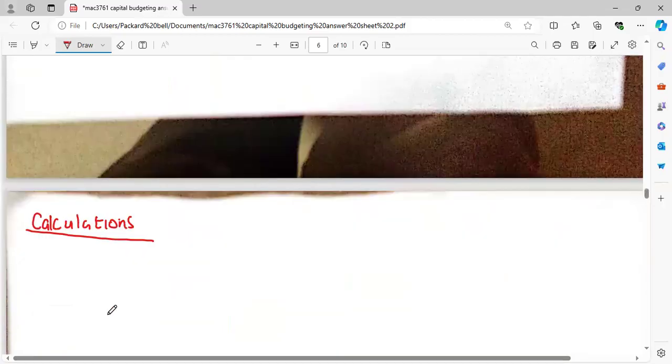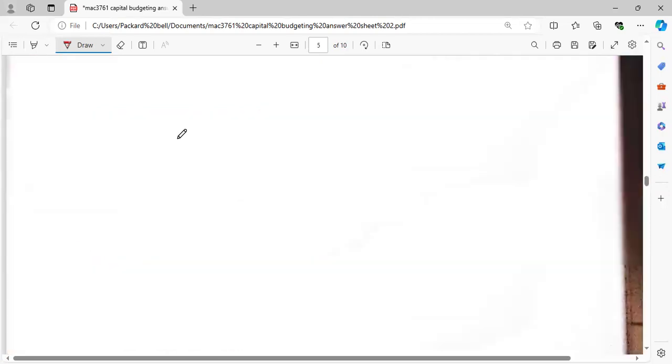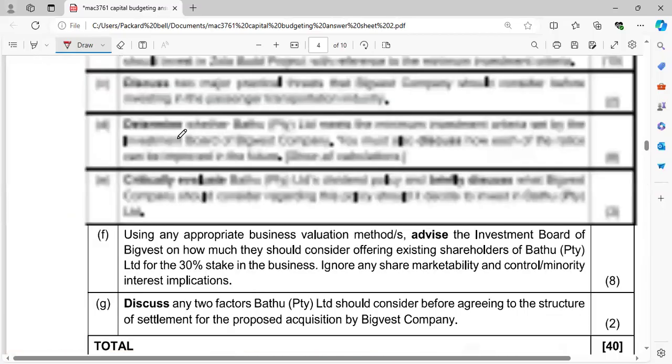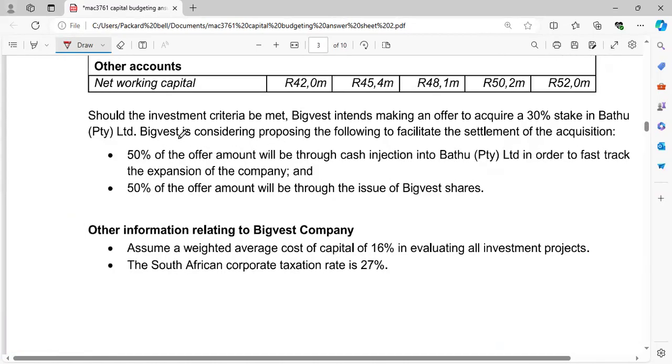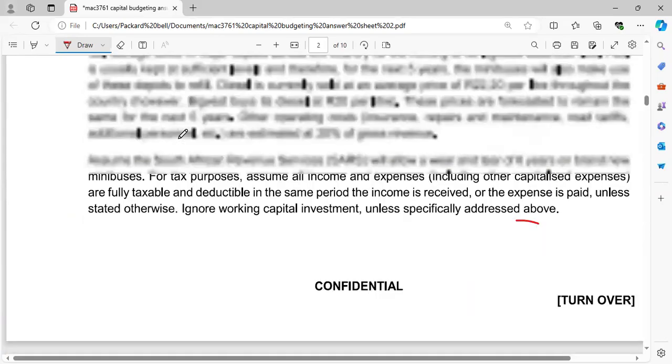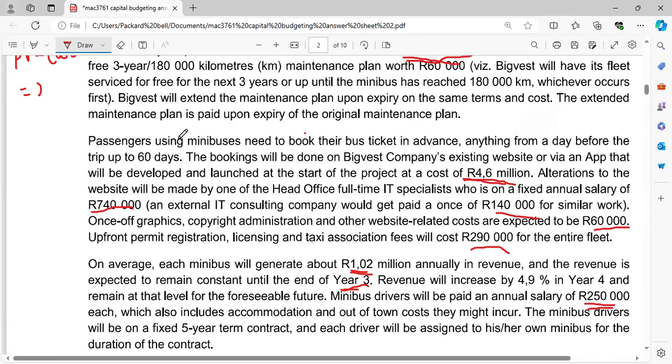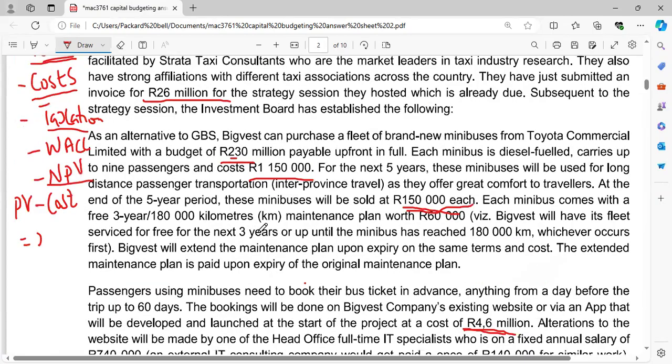Right, so let's start with calculation 1. We want the residual value of the buses. Let's check on the information. They say at the end of the 5-year period, these minibuses will be sold at 150,000 each.